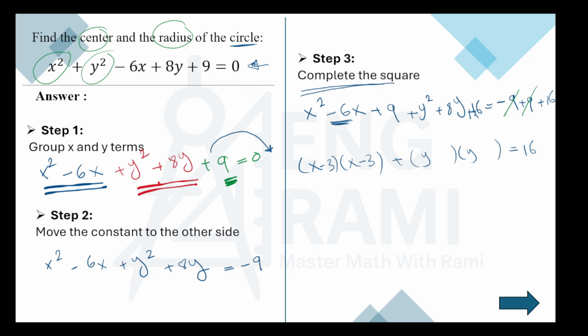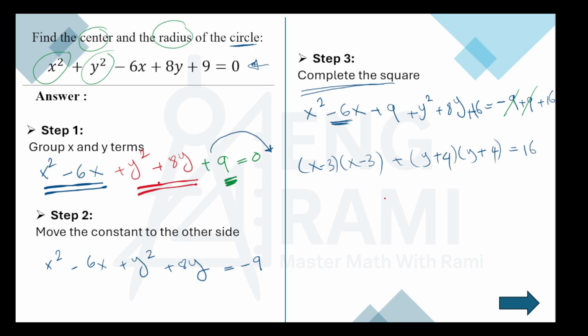And in here, we have to look, since this sign is positive, the sign of the middle term will be the same sign in here. What are the two numbers that the multiplication of them equals 16 and the summation of them is 8, which is absolutely 4 and 4.